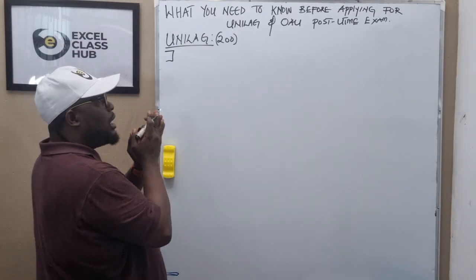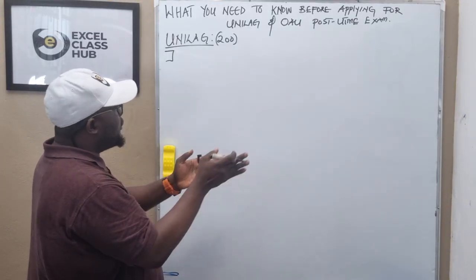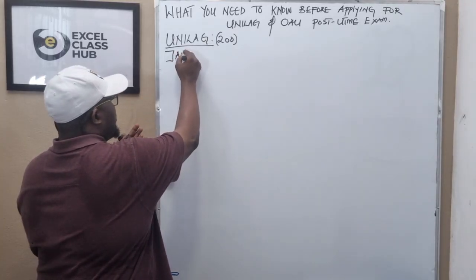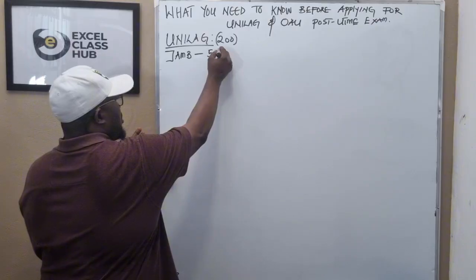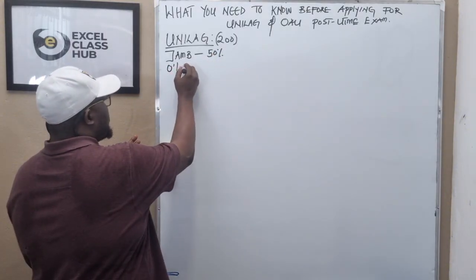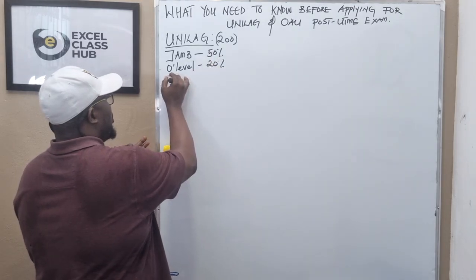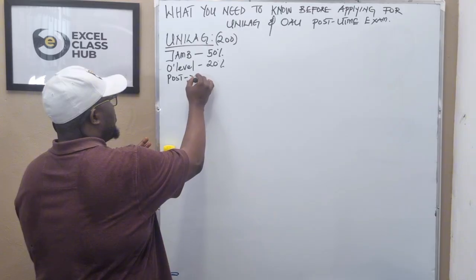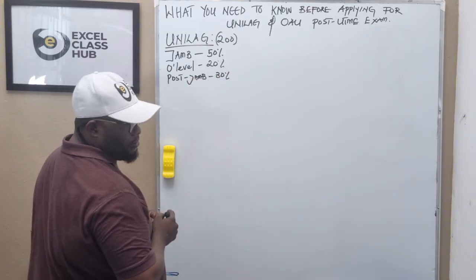How does Unilag calculate your aggregate score? Your JAMB is 50% of your total score. Your O level is 20%. Your post-JAMB, that's your post-UTME, is 30%.